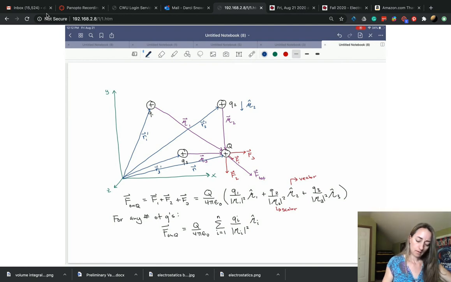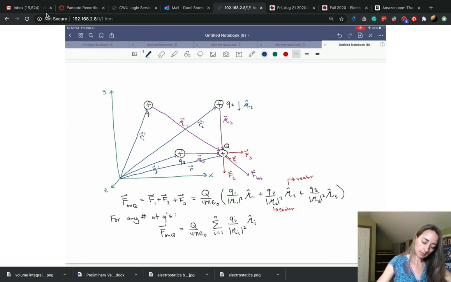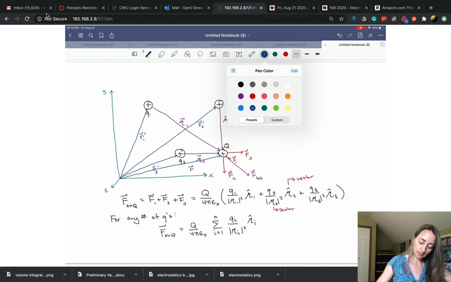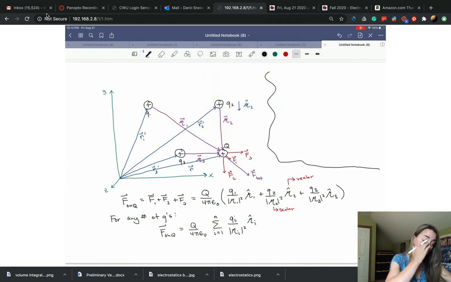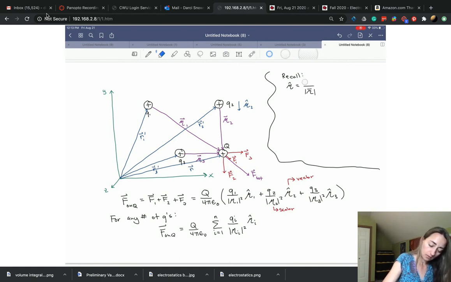You guys might want to move down on your sheet. I wouldn't recommend doing this like I'm doing it up here, but pretend this is just a new part of the whiteboard. I want you guys to recall from previous lecture that this vector here, our r script hat, our unit vector, is equal to r script divided by the magnitude of r script.